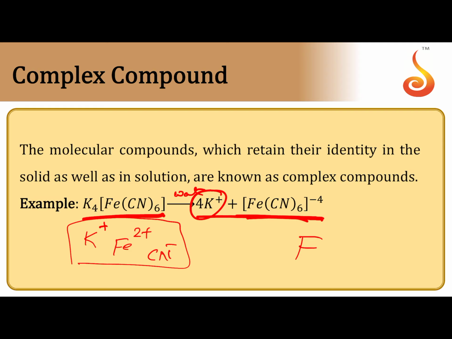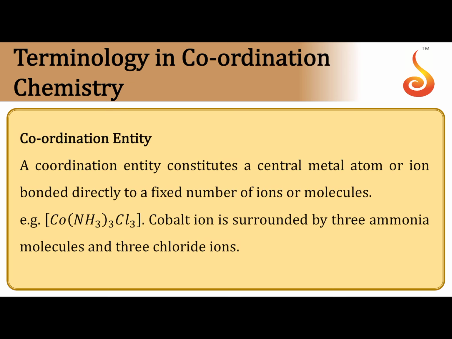So between Fe2+ and CN- ions, a non-ionizable bond is present. Even though both are oppositely charged ions, along with the ionic bond between them, a non-ionizable coordinate covalent bond is present. That's why these are called coordination compounds.